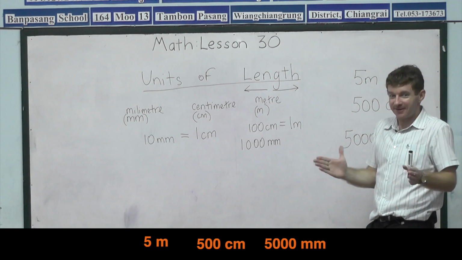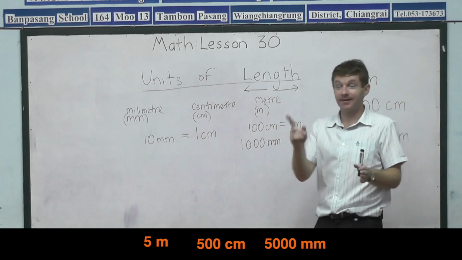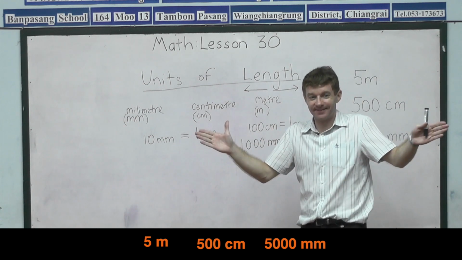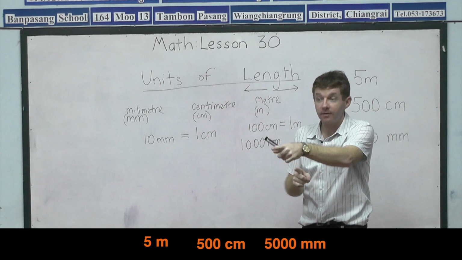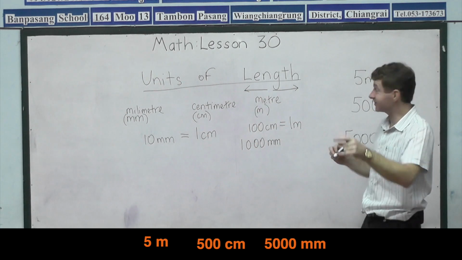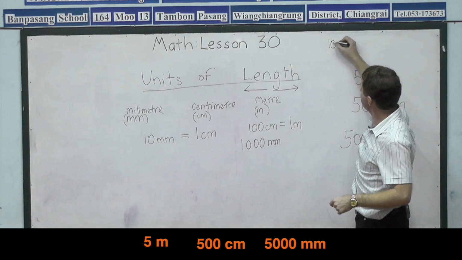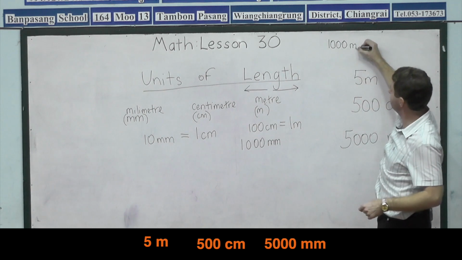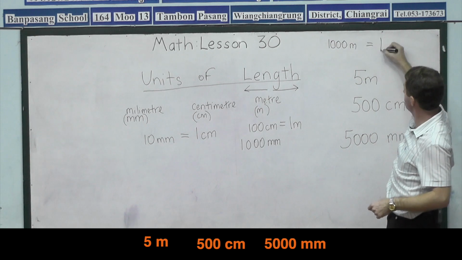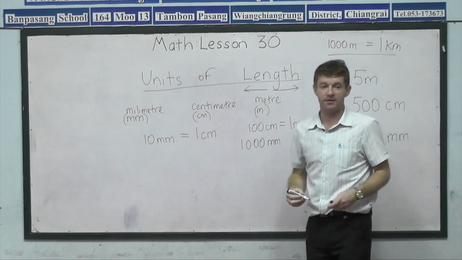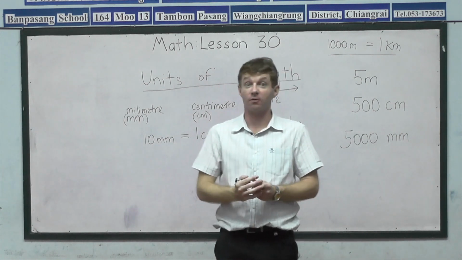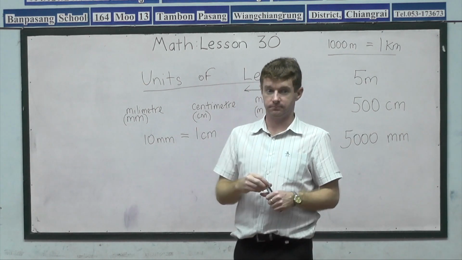Nearly. 100. 100,000. 1,000. Excellent, Pang Pon. 1,000 meters equals 1 kilometer. But we can't demonstrate in the classroom because that unit of length is so big.